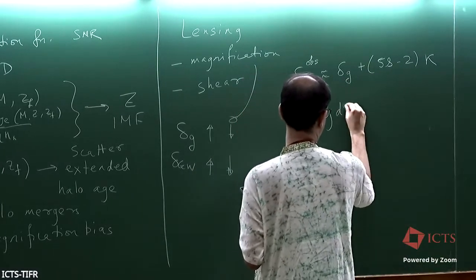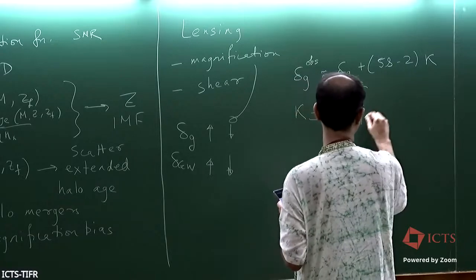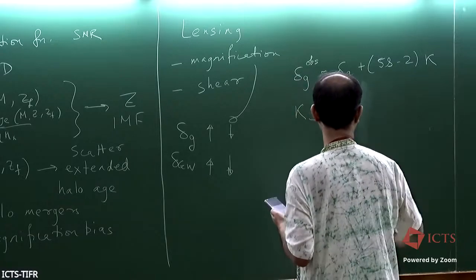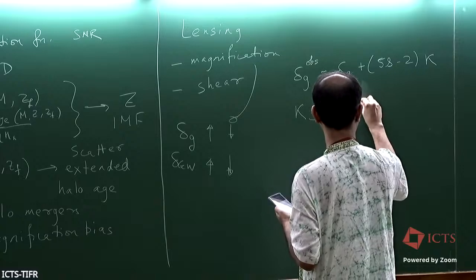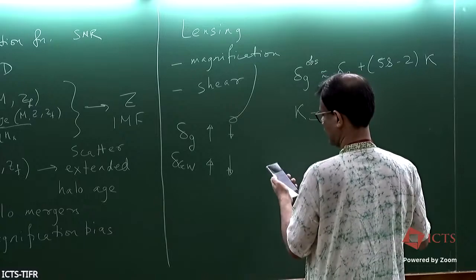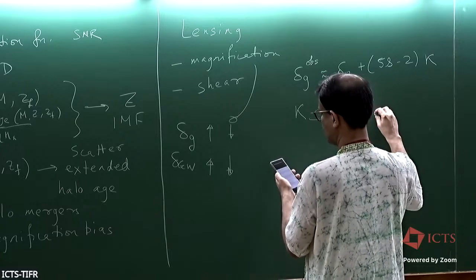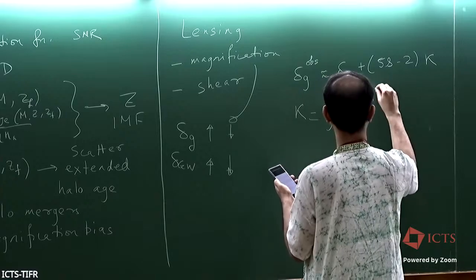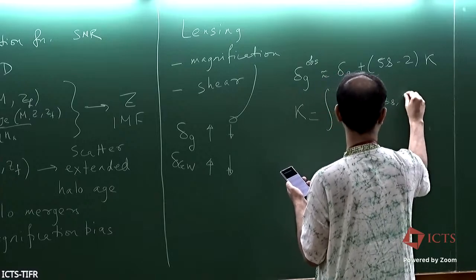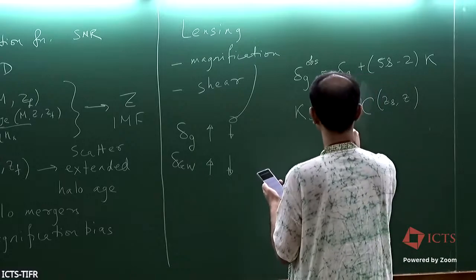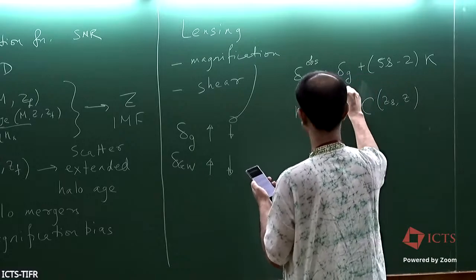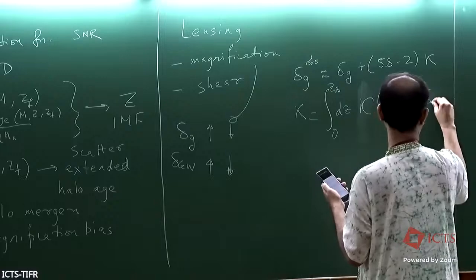There is a kernel which depends on z source and z, integrated from 0 to z source, times delta m.